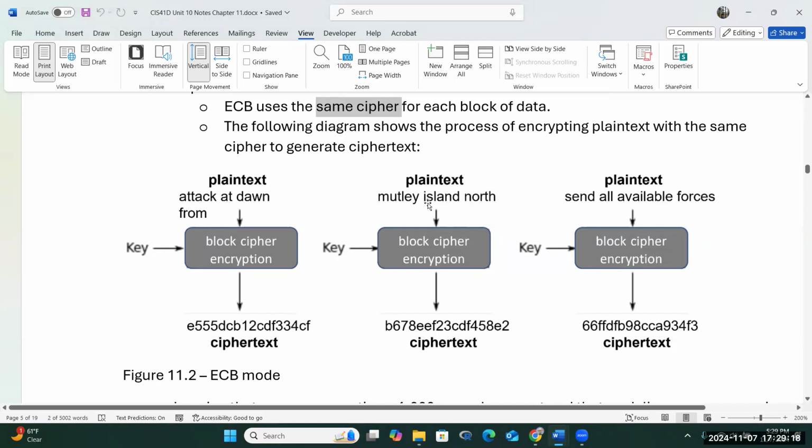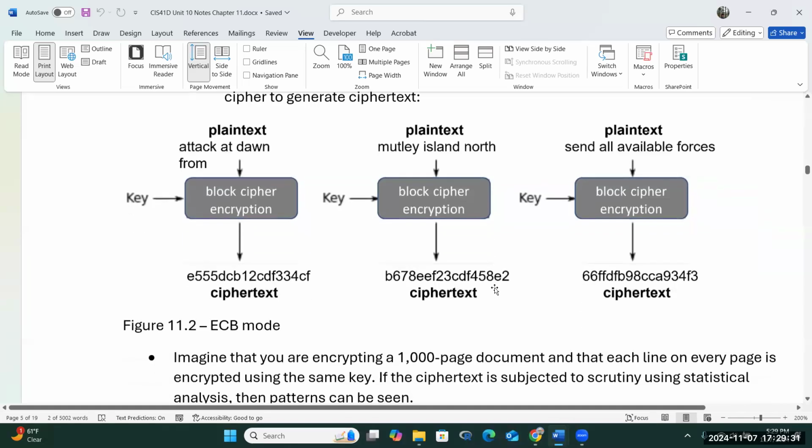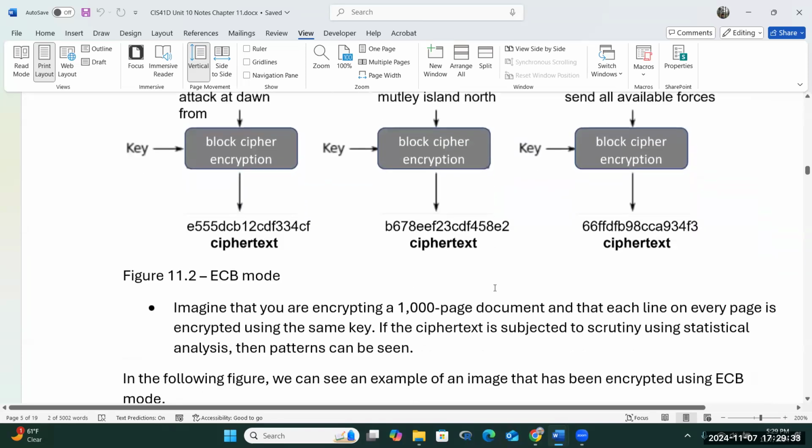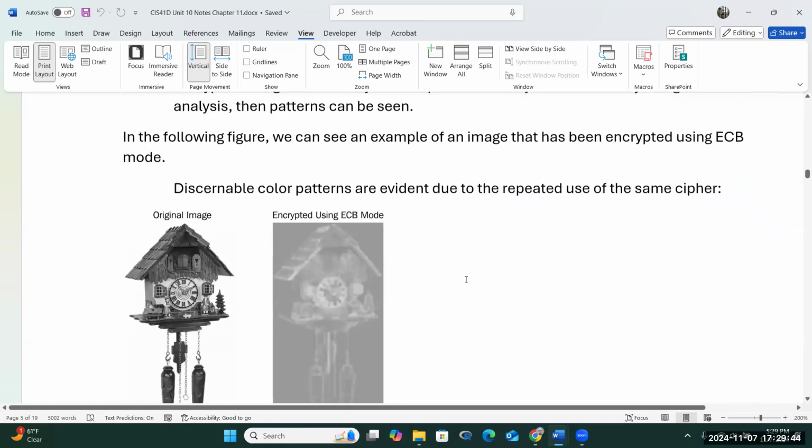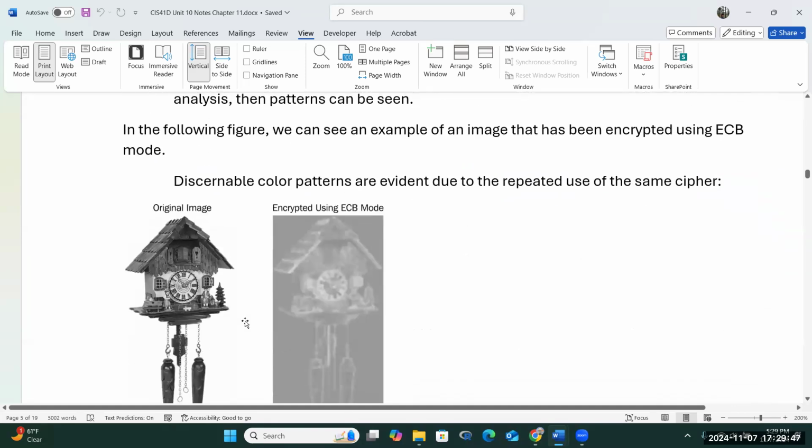So can you guess this? Prediction for the algorithm just requires processor and computing resources: processor, time, RAM, and being able to do analysis on it. So ECB mode is not fully secure. Looking at an example provided with the book, let's say this is the original image.